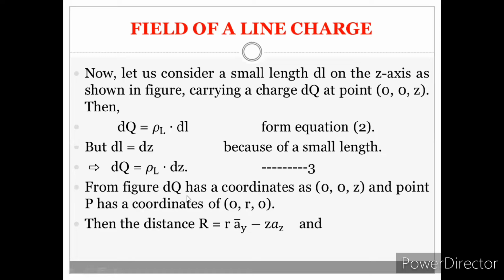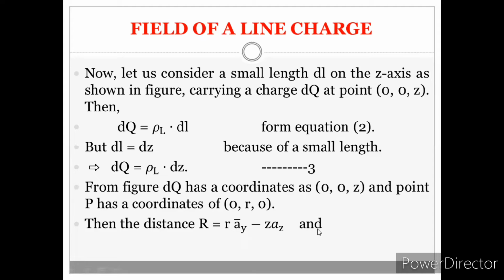Now from the figure, dq has coordinates (0, 0, z), and point P has coordinates (0, r, 0). Now what is the distance between the differential length dz and the point P? If you see, the distance is given by r ay minus z az in the respective directions.